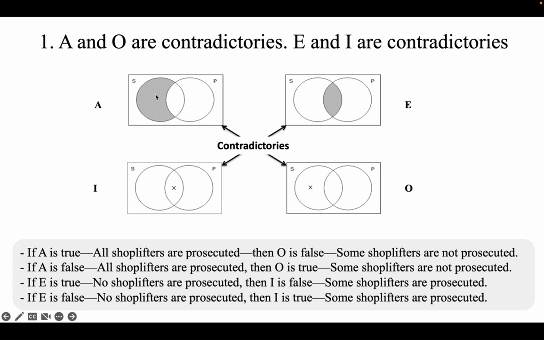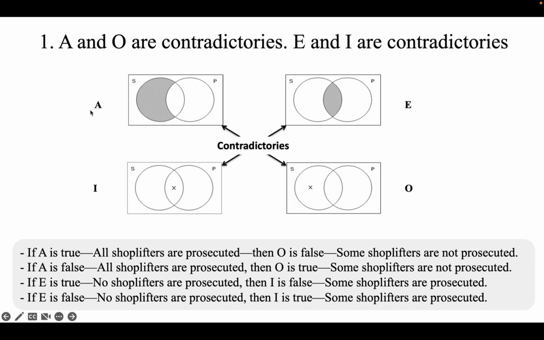So A would be: if the members of the class of the subject exist, they're all members of the predicate class. And E states that if there exist members of the subject class, whichever those might be, not even one of them is also a member of the predicate class.